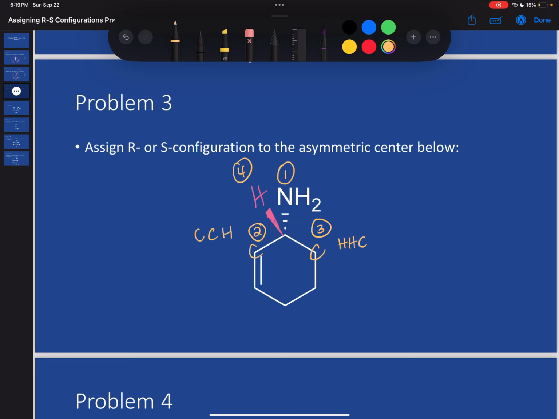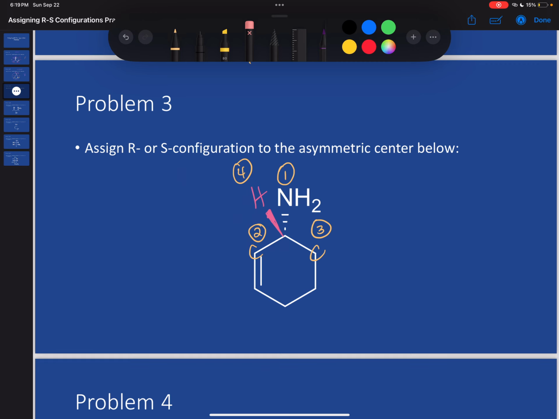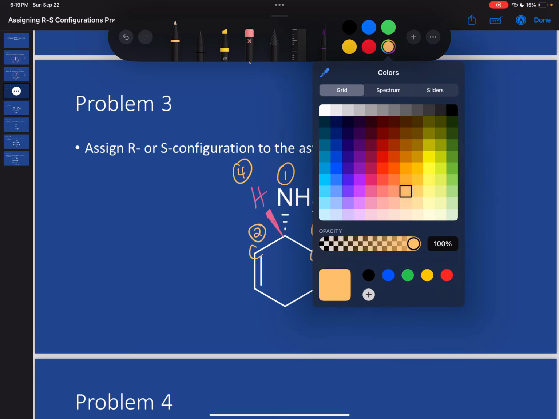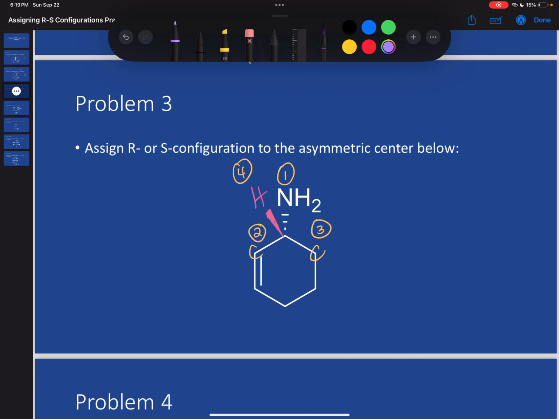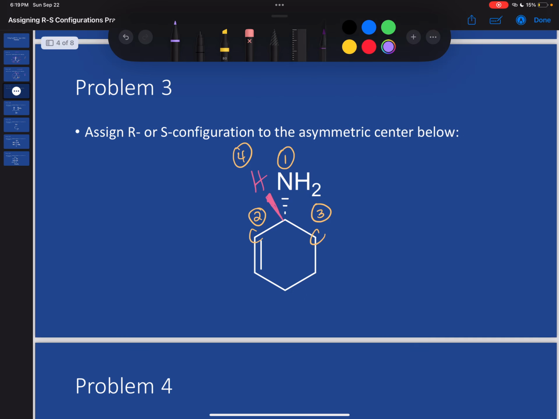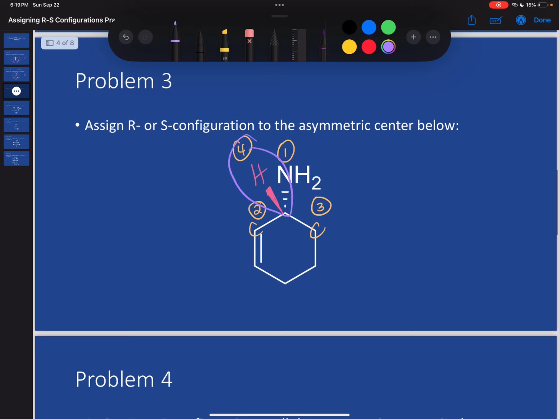All right, so once I've assigned my priority, I can start looking at my assignment, but first I need to make sure that my lowest is in the back. In this example, it is not. My lowest is on a wedge. Okay, so with that, there's a couple of ways you can go about this. I usually hesitate to tell students this because I don't like giving you guys many things to keep track of.